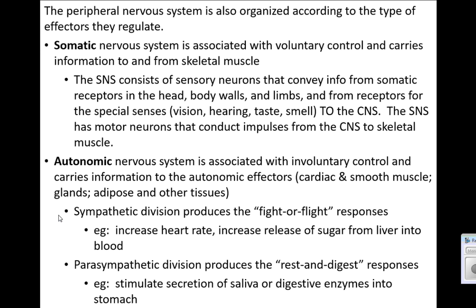The sympathetic produces a response that's coined as fight or flight, which describes something that we do in response to a scary situation, where you either need to fight whatever the issue is or get the heck away from it, like a bear attacking you. What we do in a fight or flight response is adapt the body to perform physical activity, to exercise, to run or fight, which are both examples of an exercise situation. It does everything to get us jacked up, basically.